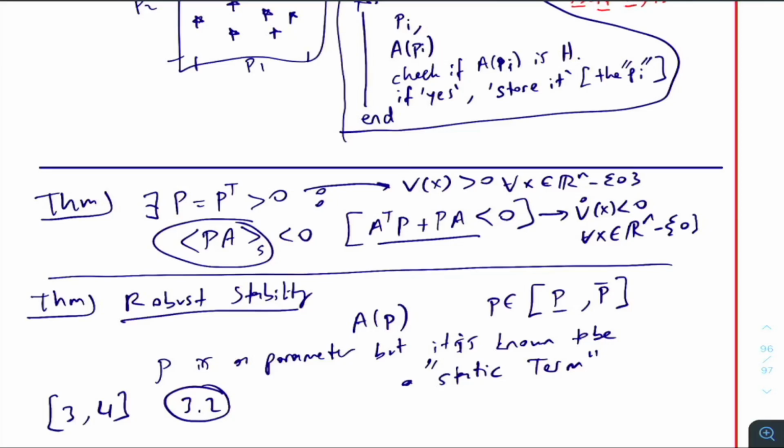So P is not something time-varying between 3 and 4. It is just a static term. In that type of case, you can use robust stability, and only in that case would you use robust stability.